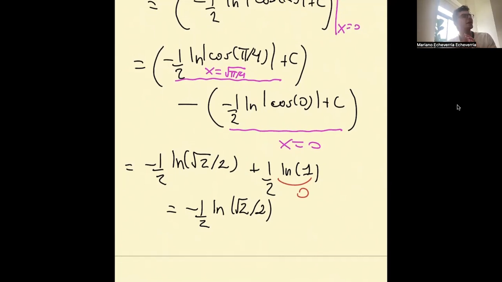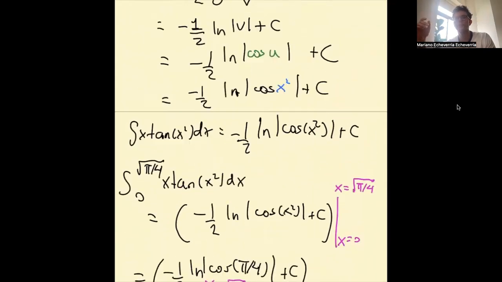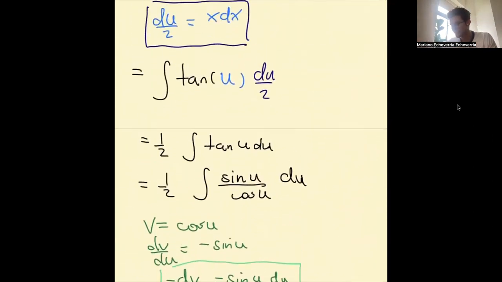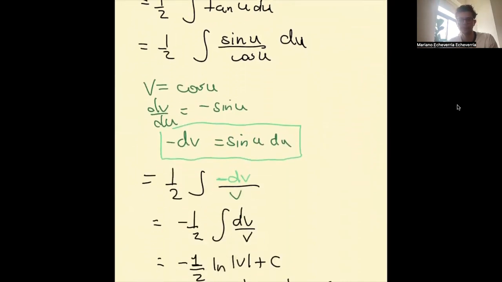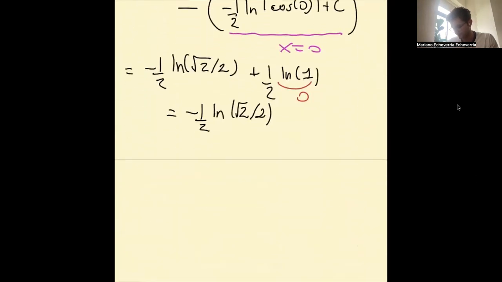But that's the idea of this problem. If you memorize the value for the integral of tangent, then you don't have to do a second substitution, right? So only one would have been needed. But if you forget how to find the integral of tangent, you can find it using something like this. Okay, we can keep going.